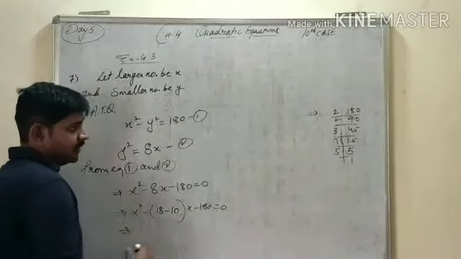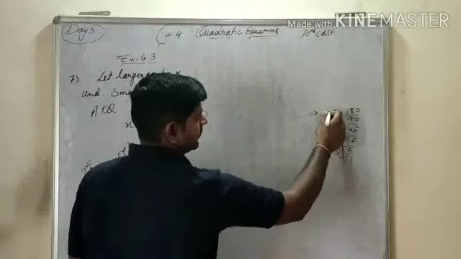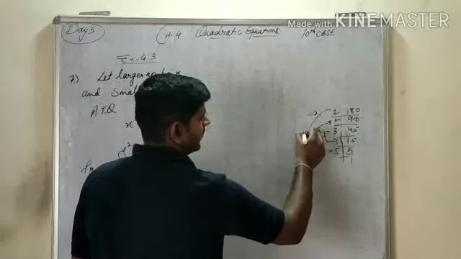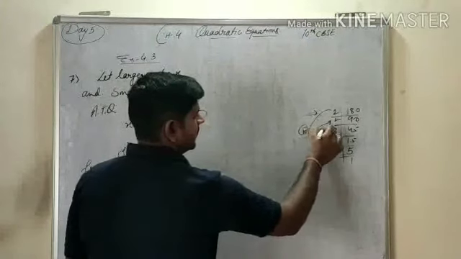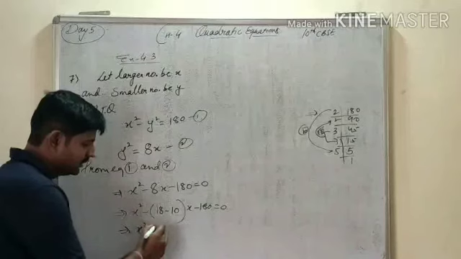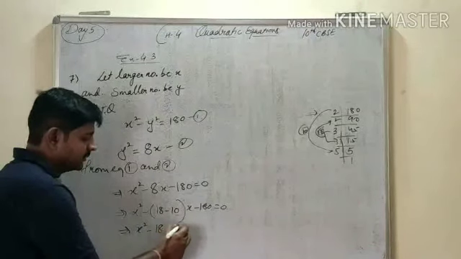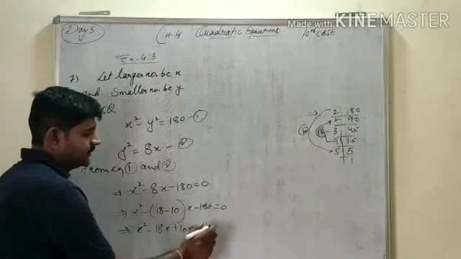So because this is 9 and 9 twos are 18, so 18 and 10 will be there. So x square minus 18x plus 10x minus 180.